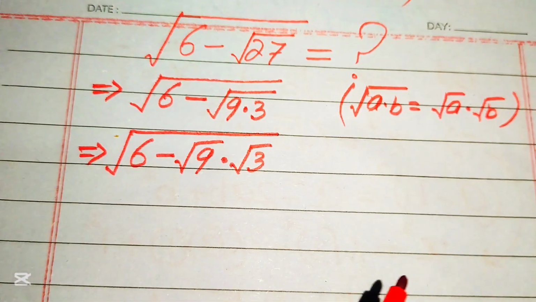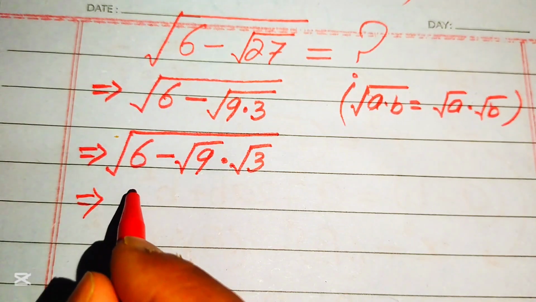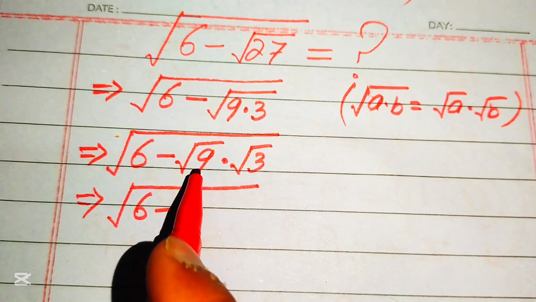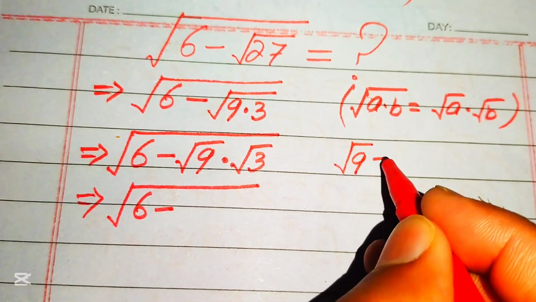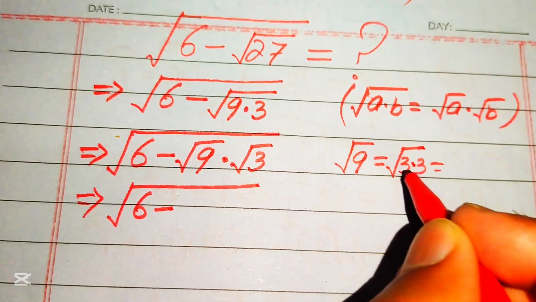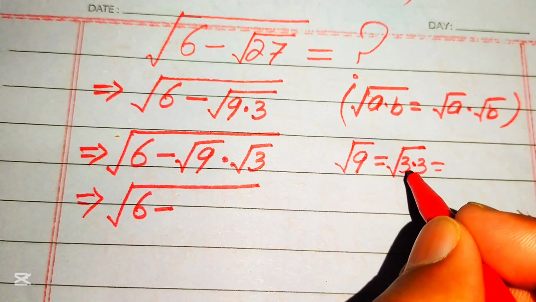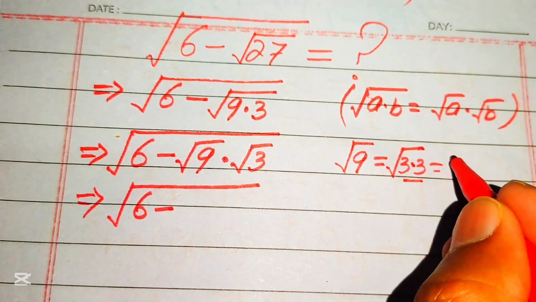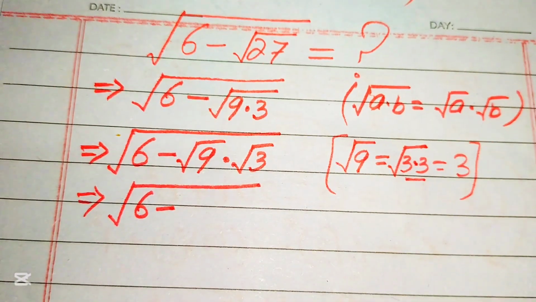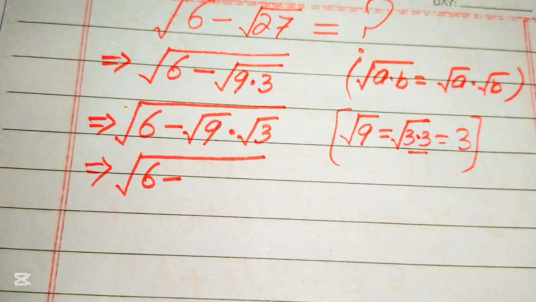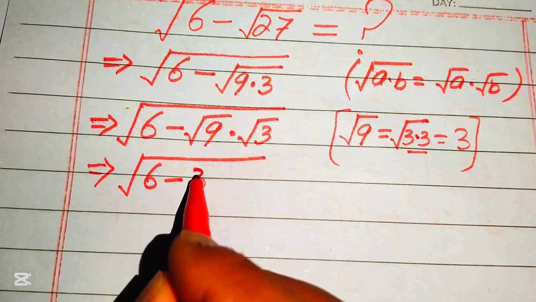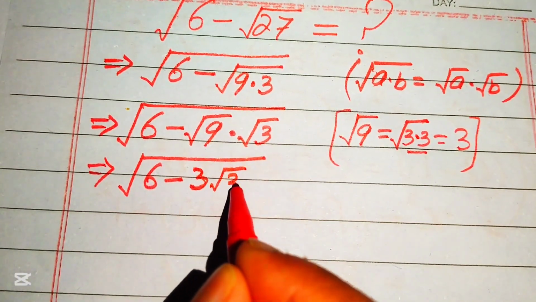In the next step, we write the square root of 9 as the square root of 3 multiplied by 3, and we know that 3 times 3 inside the square root is a pair of numbers, so it becomes only 3. So the square root of 9 equals 3 only. We can replace it, and we have 3 times the square root of 3.